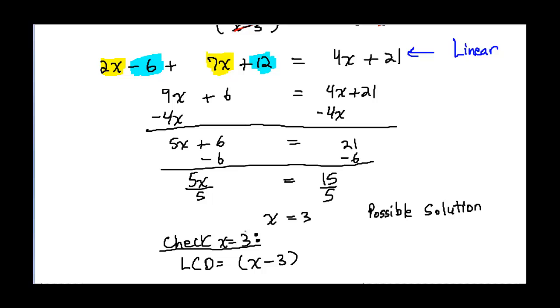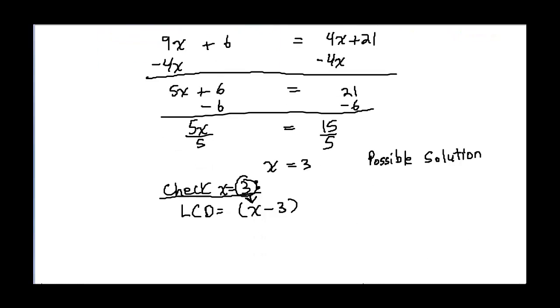I substitute 3 in for x in my LCD because it represents a combination of all my denominators. If I plug that in, I get 3 minus 3, which is 0. Well, that's not possible. I cannot divide by 0. Zero should not be in my denominator. If it is, I have an undefined equation.